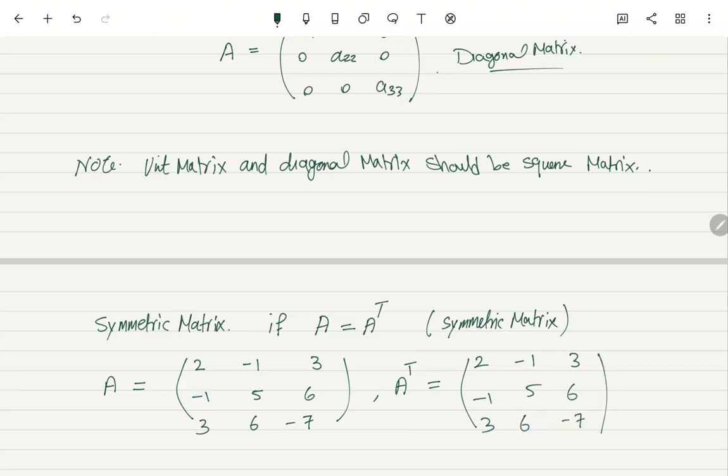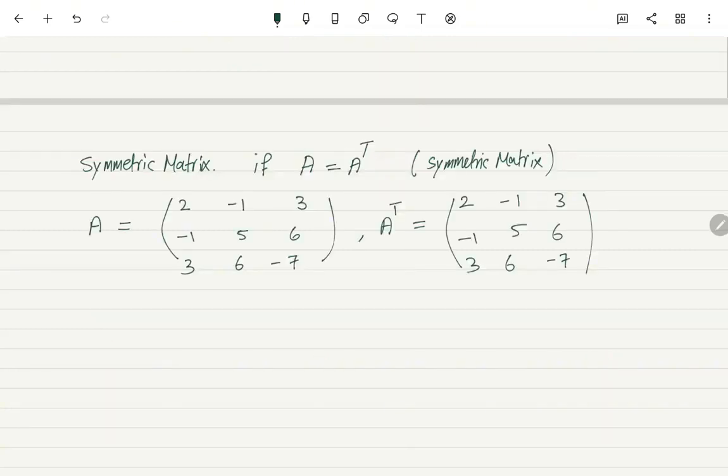Now, as we can see, A is the same as A transpose. In this case, it's called a symmetric matrix. We also can see that in a symmetric matrix, if we just cover the diagonal right here, each element above the diagonal is the same as each element under that diagonal.